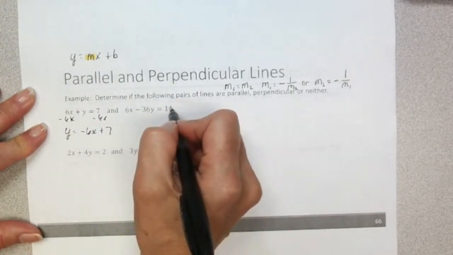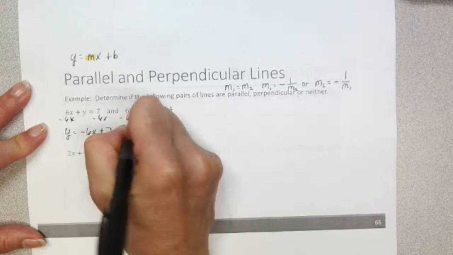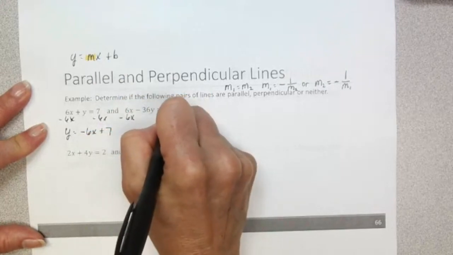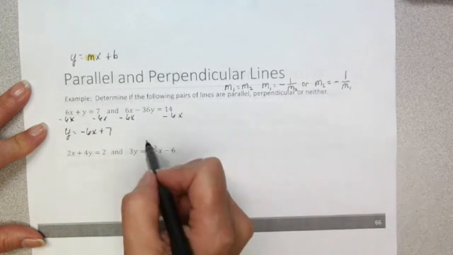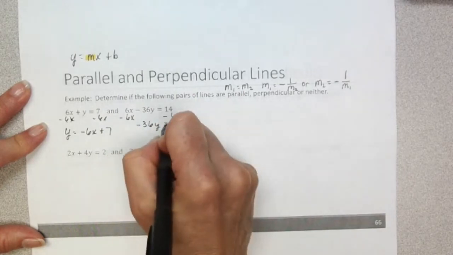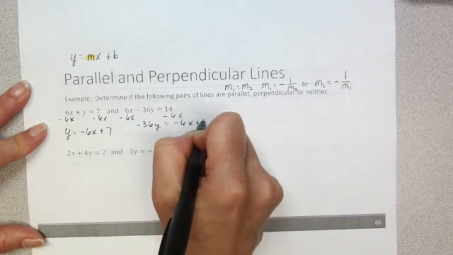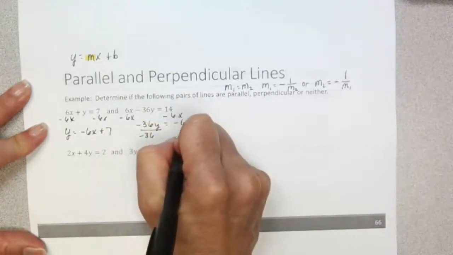All right, let's do it for the second equation. Solving for y, I'll have to subtract the 6x from both sides. So then I'll have negative 36y equals negative 6x plus 14. Then I'll need to divide everything by negative 36.